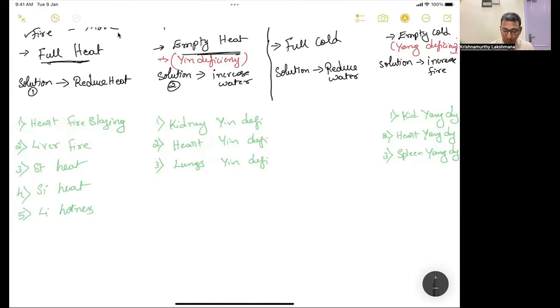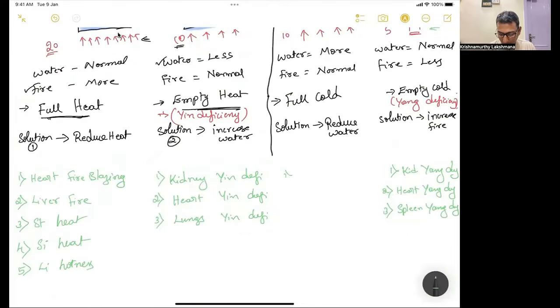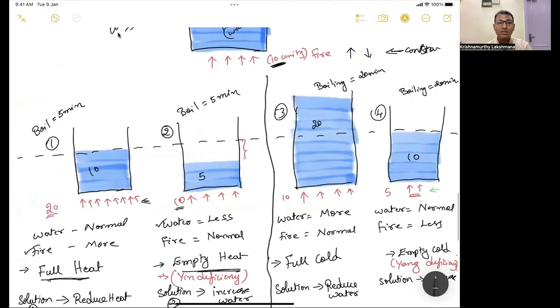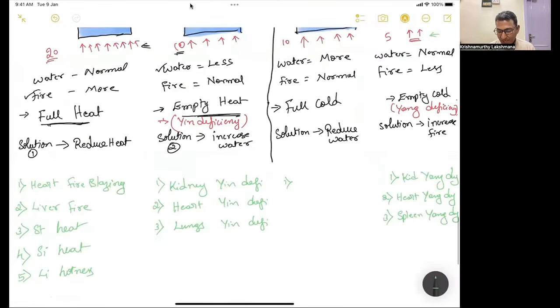Okay. So full cold now, in the third situation. Actual cold is more. So what are the situations that we get in full cold? Wind cold attack on lung. Let us say if somebody ate too much ice cream, and all that coldness goes into the stomach, so we have stomach coldness.